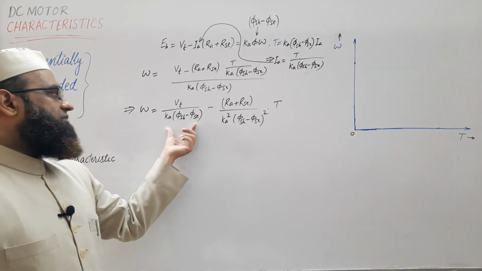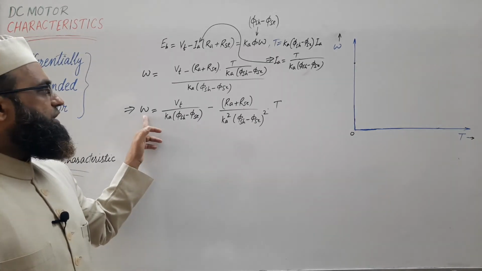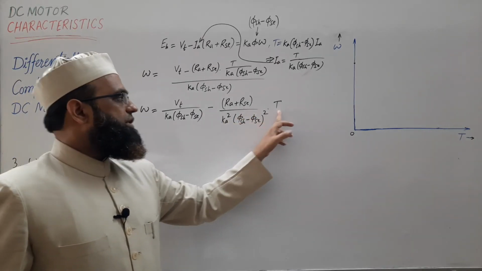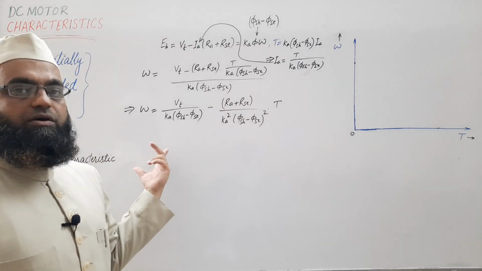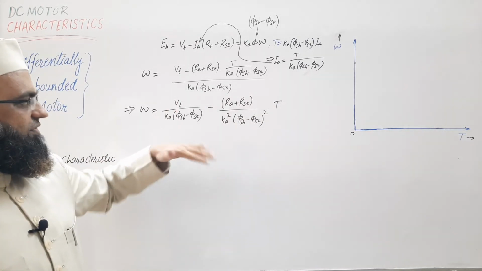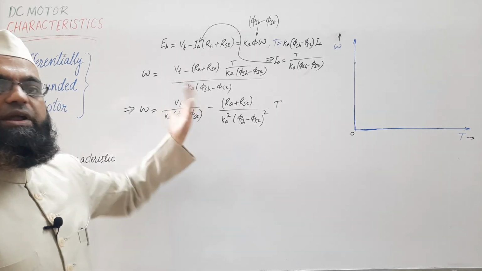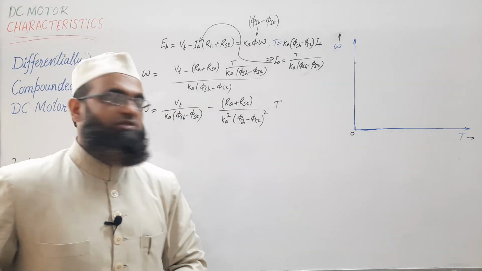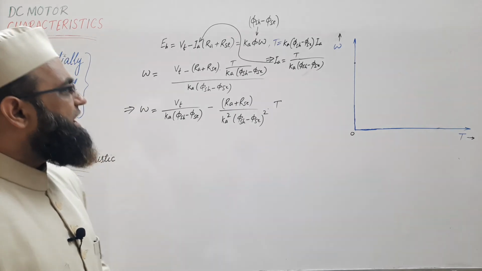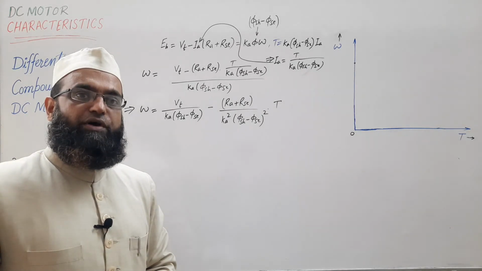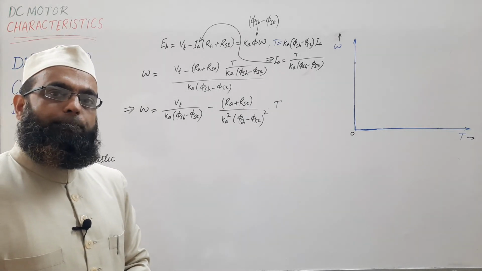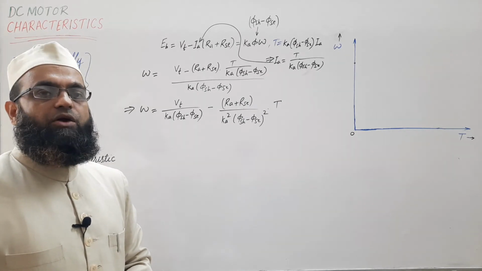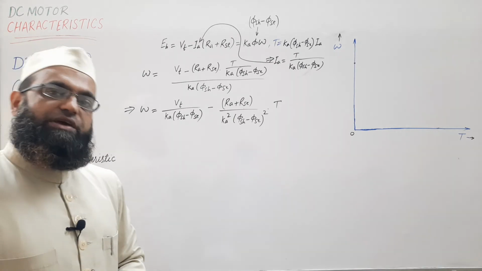So the numerator is trying to increase the speed, and with increasing value of T, this quantity in the numerator is trying to decrease the speed. So again there is a fight between the impacts of numerator and denominator. It's a matter of which one is dominating. Once the numerator dominates, speed is decreasing. Once the denominator dominates, speed is increasing.